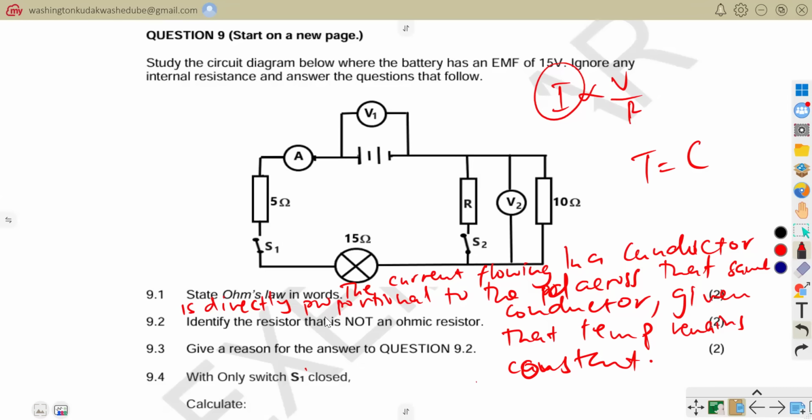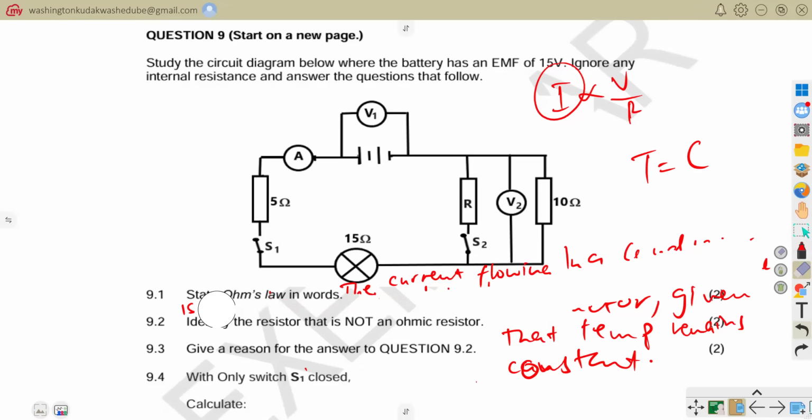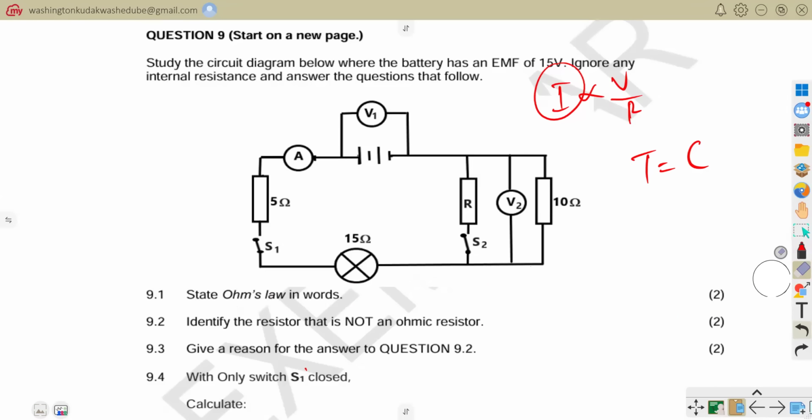Now they're saying identify the resistor that is not an ohmic resistor. From this definition, a non-ohmic resistor is a resistor that does not obey this law. So we want to find a resistor whose current changes against that law.